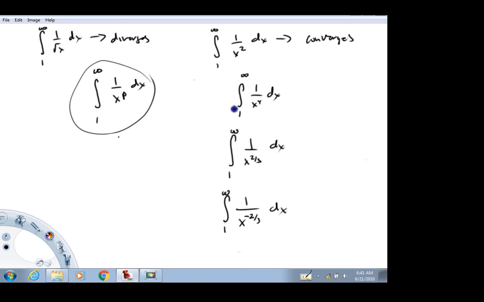Here, for the integral of 1 over x to the 4th dx, p is 4. 4 is greater than 1, so the integral is convergent, and we know what it'll converge to. It's going to equal 1 over, and I can't remember if it was p minus 1 or 1 minus p, yeah, 1 over 4 minus 1, which is 1/3.